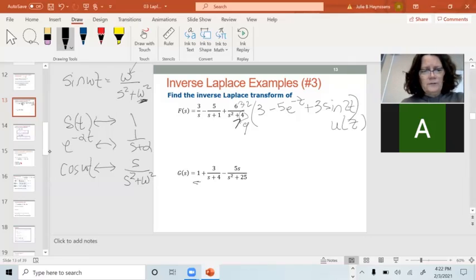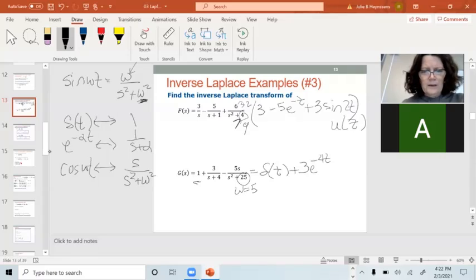So this delta of t, this 1, when I'm transforming it back into the time domain, becomes delta of t. The 3 over s plus 4 is just going to be 3e to the minus 4t. Now I got lucky with this one. My omega is 5, so omega squared is 25.